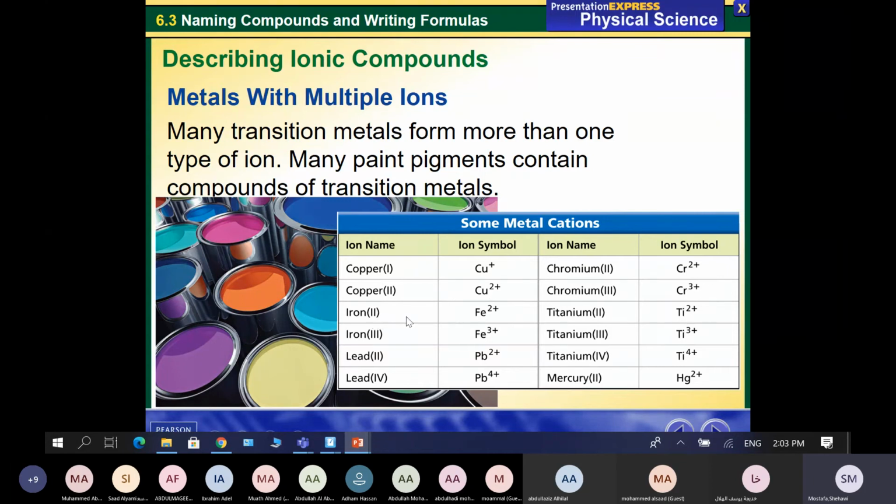Iron, sometimes it has 2, sometimes it has 3. Lead has 2 and has 4, and so on. You have to save this one. So these are some famous transition metals that have more than 1 oxidation number. When I'm going to name it, I have to keep this in mind and try to write the name of the ionic compound using the right name.